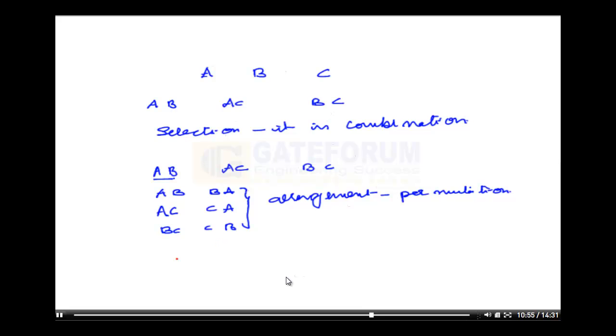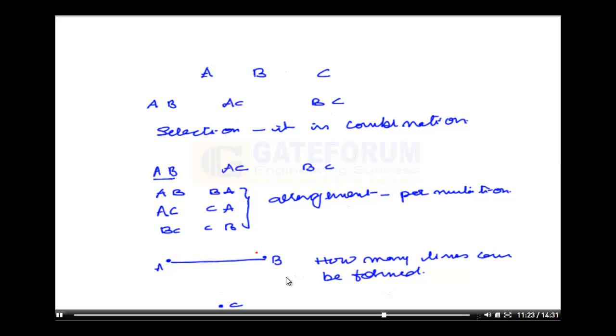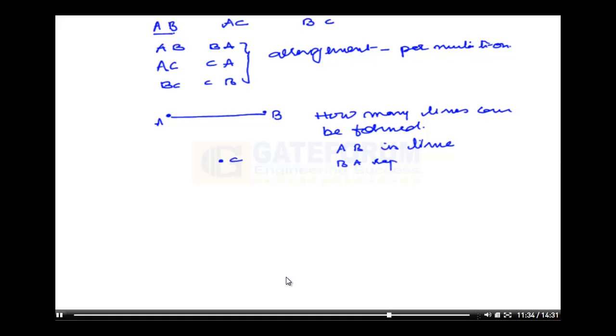Let us consider there are 3 points A, B, C. The question is how many lines can be formed. To form a line we need 2 points. Let us say AB is a line. When I say AB is a line, BA also represents the same line.